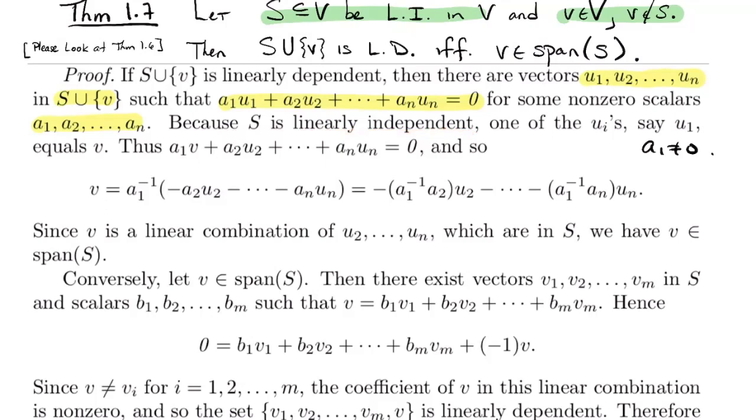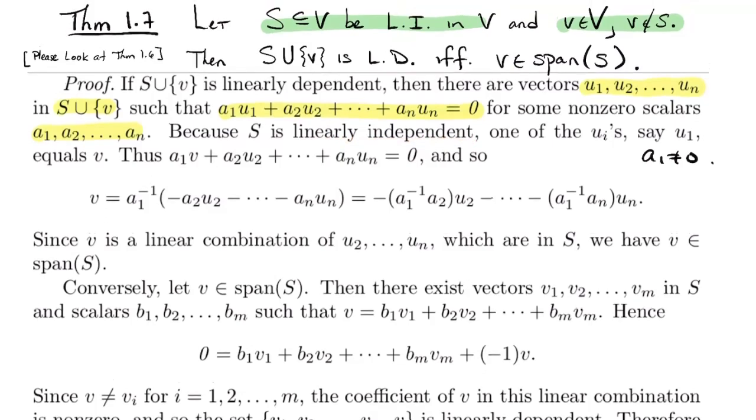So good. Are you with me? If you had some linear combination equaling 0, it has to involve this new element v, because otherwise you'd be contradicting S's independence. And the new element v is involved in a non-trivial way. It has a non-zero coefficient, so you can solve for it. It's an old trick now, right? Three times in this lecture we've done this. You have some vector, it has a non-zero coefficient, you solve for it.